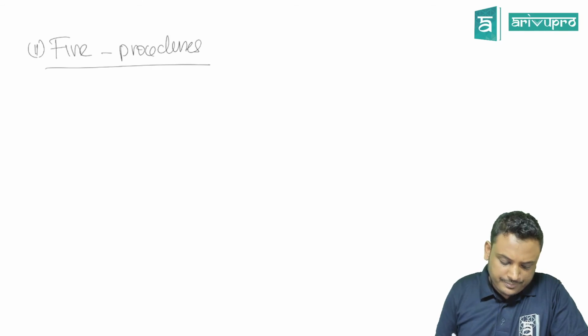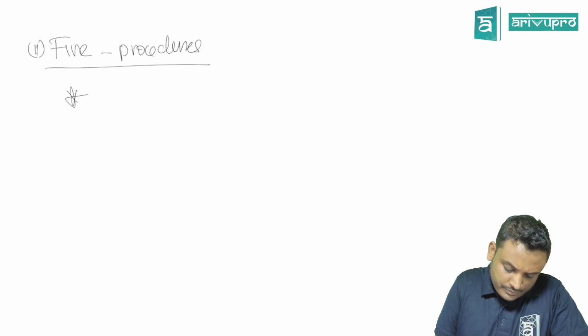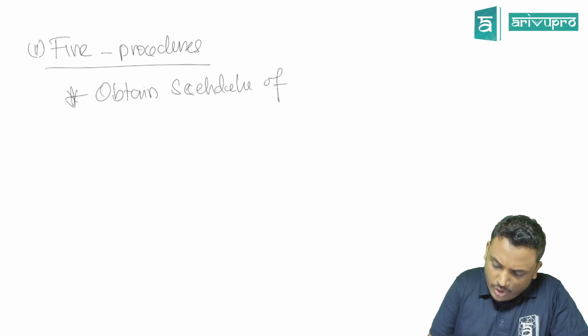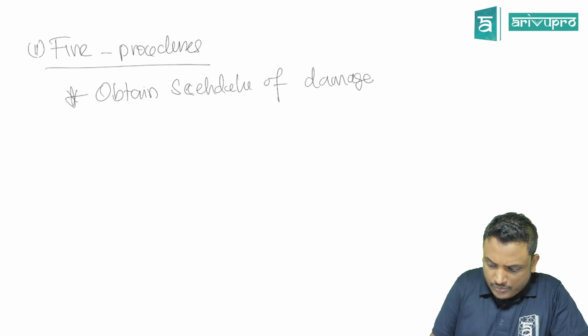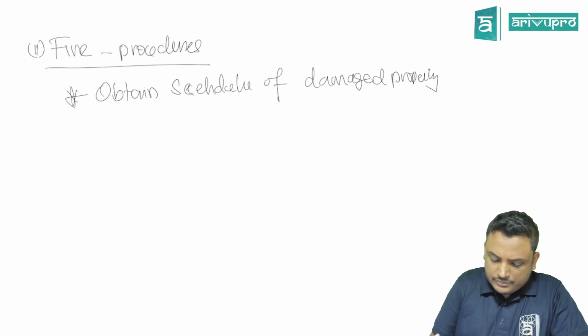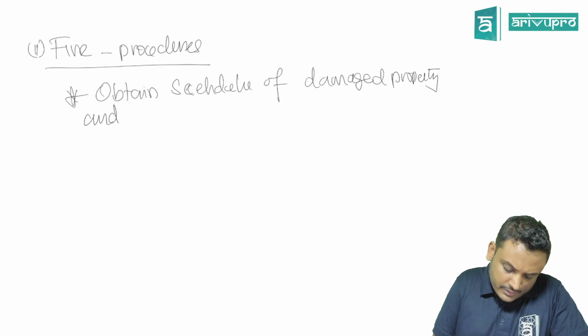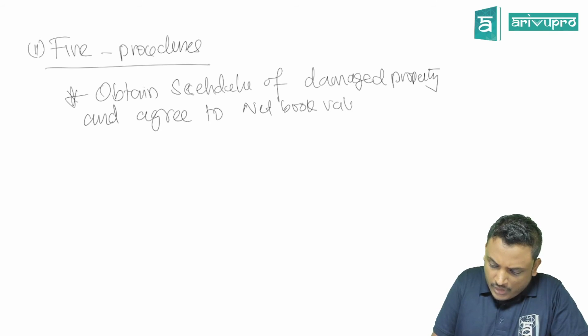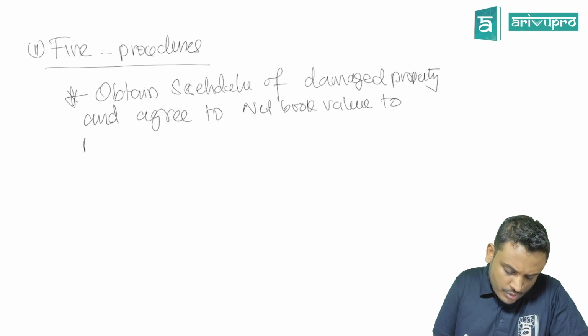Okay, procedures. Write it down. Obtain a schedule of damaged property and agree the net book value to the non-current asset register.